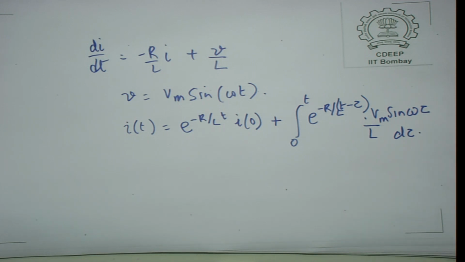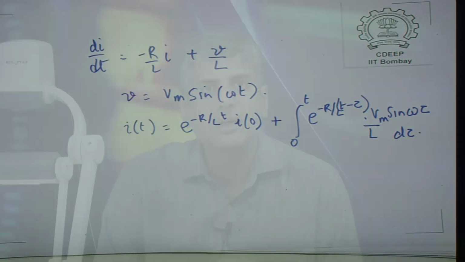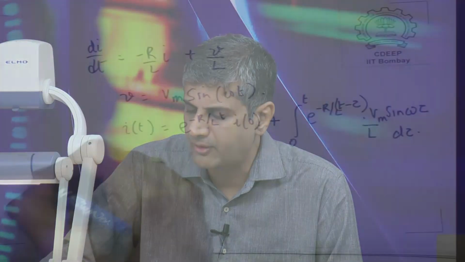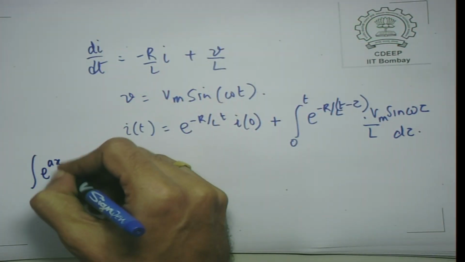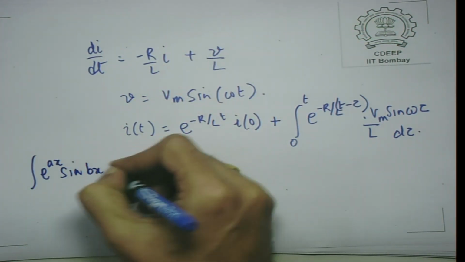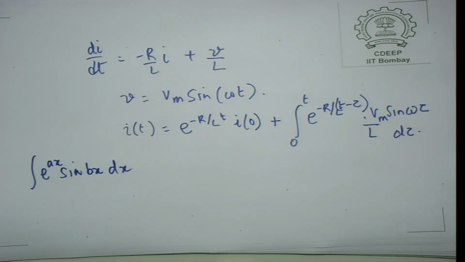This is a bit of a mathematical exercise, so I will directly write down the solution. There are standard formulae for the integration of e raised to ax sin bx dx, so you can look back at your 12th standard mathematics to find it, but I will not do that here.